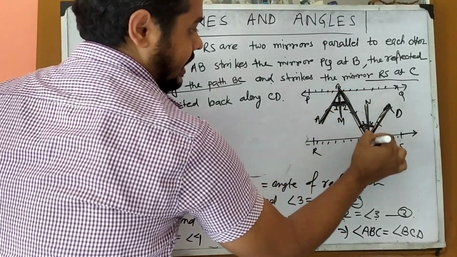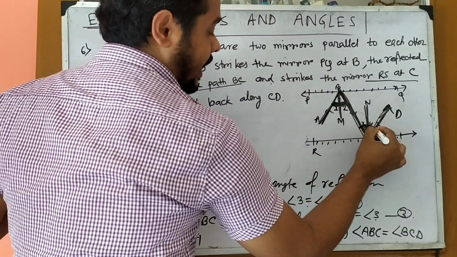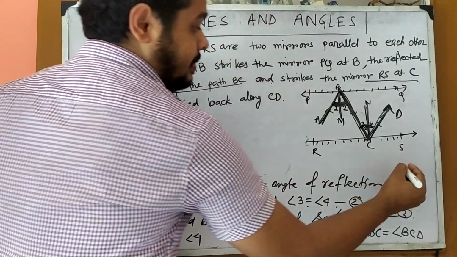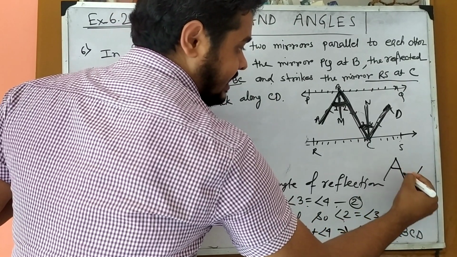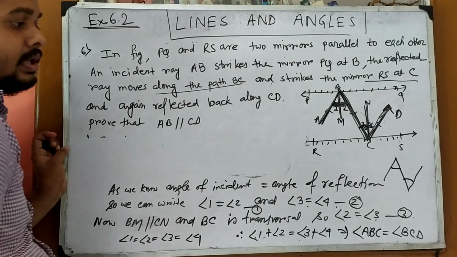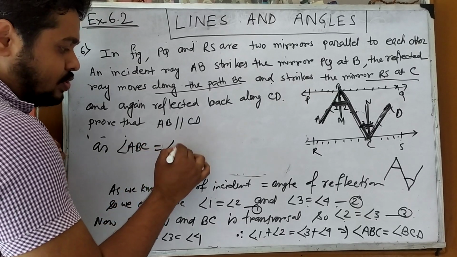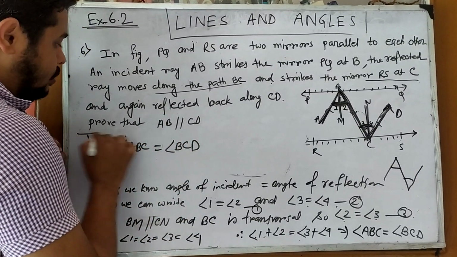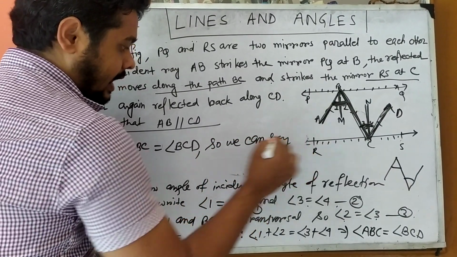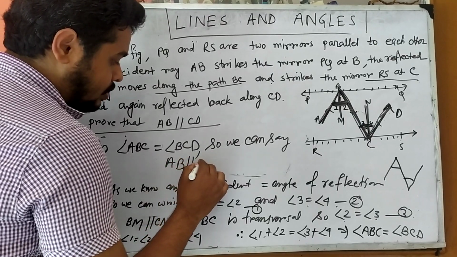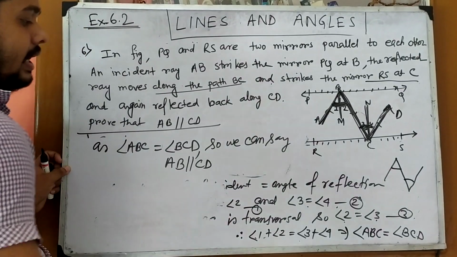Angle ABC equals angle BCD. Now we know when these 2 angles are equal, it is possible only if these 2 lines are parallel and this is the transversal. So as angle ABC equals angle BCD, we can say AB is parallel to CD.